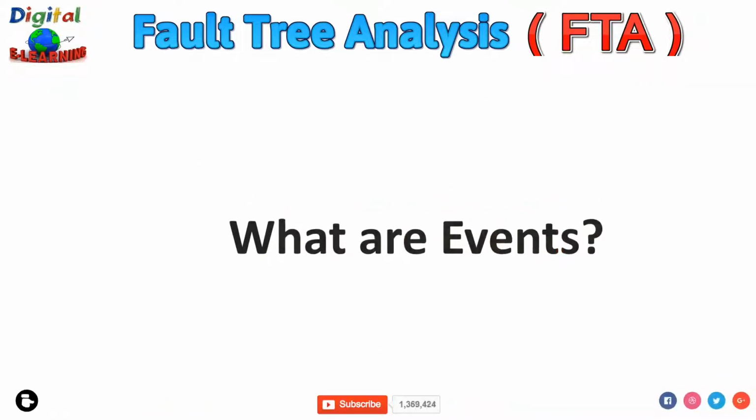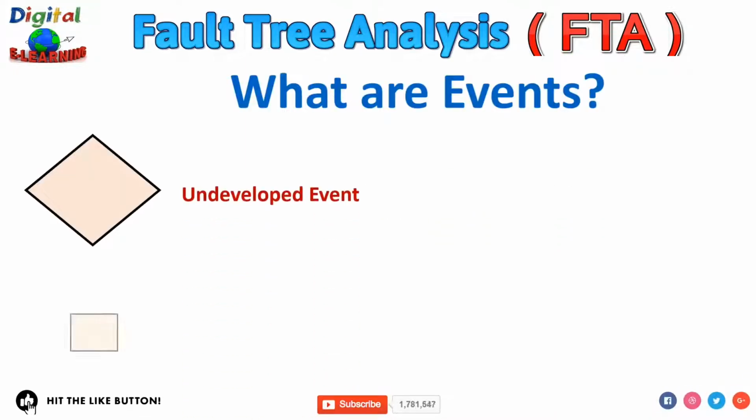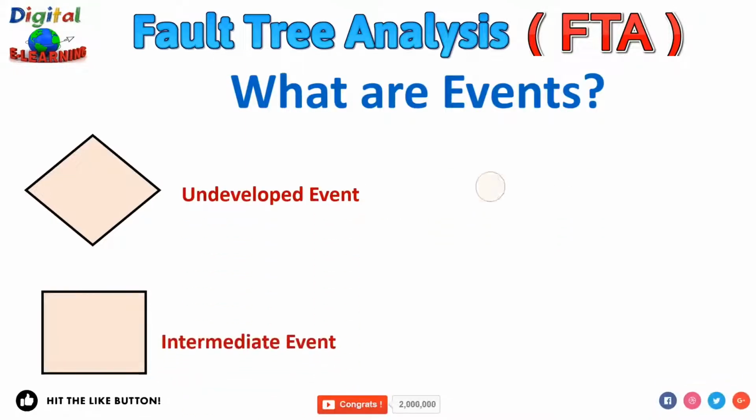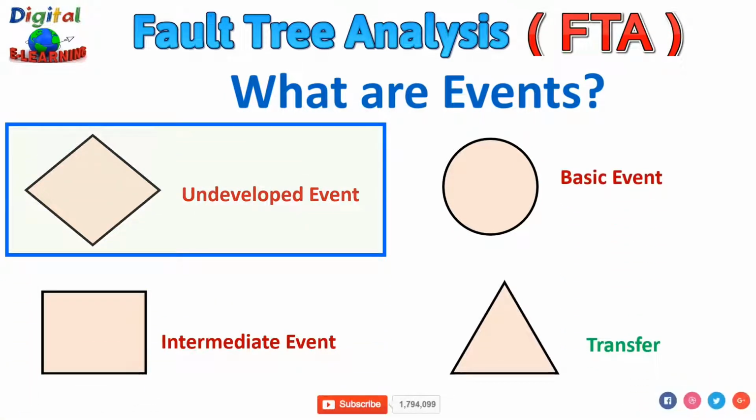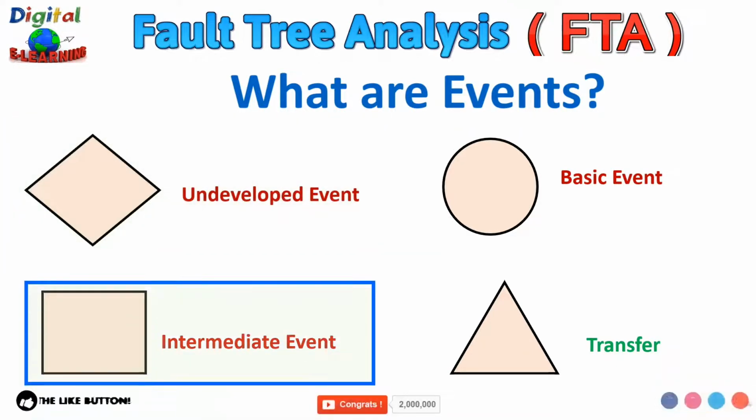So what are events? We'll look at the undeveloped event, the intermediate event, the basic event, and also the transfers. The undeveloped event is an event where there is no scope of developing it further. It could be because of economic considerations, or because there is not much information available downstream. Then we have the intermediate events.